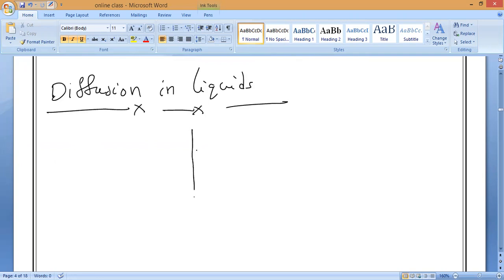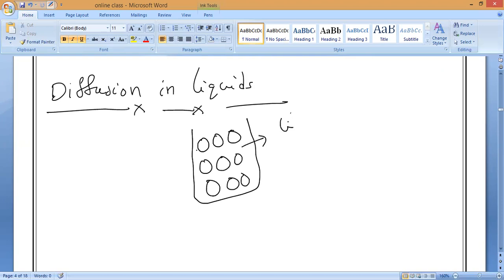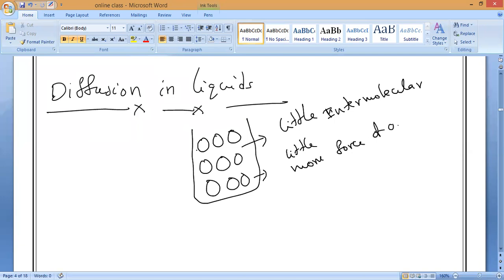Compared to solids, diffusion is much faster, but compared to gases, less, because particles are less closely packed, with little intermolecular space and a little more force of attraction.